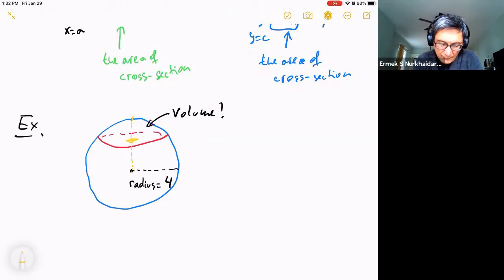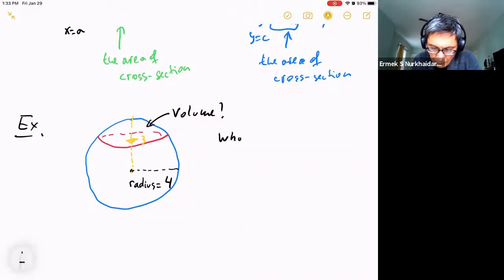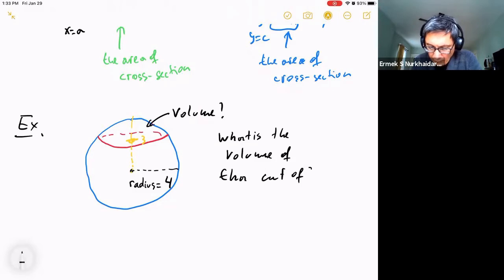So what's this number? It should be less than 4, so it may be 1, 2, 3. According to my picture, it's probably 3. Maybe 3.5, but I want to work with whole numbers, so let's put 3 here. Works for you? Okay. So now the question is, what is the volume of that cut-off piece?